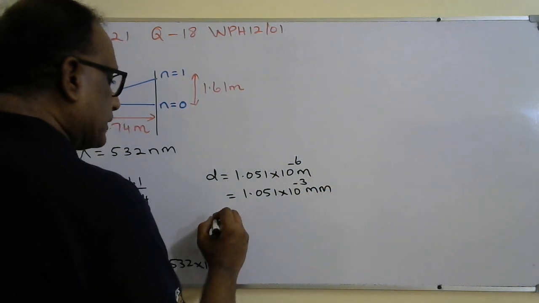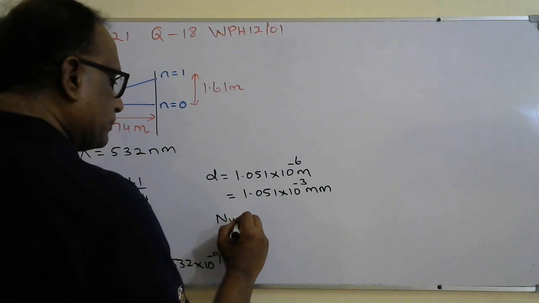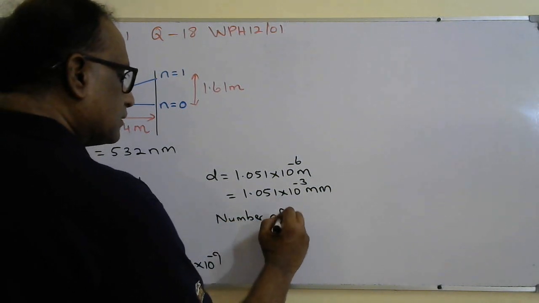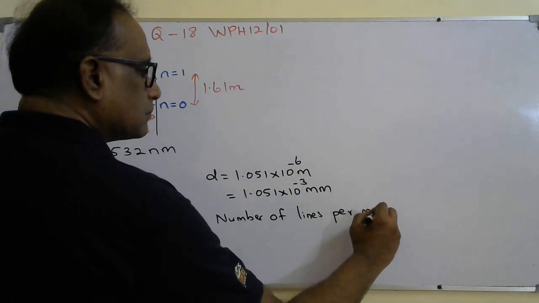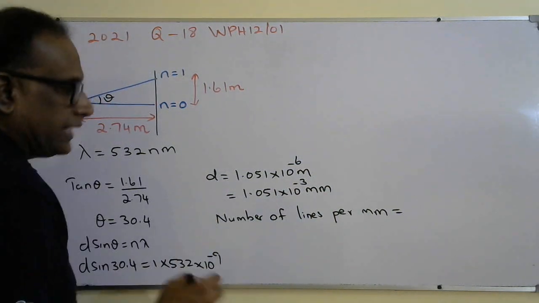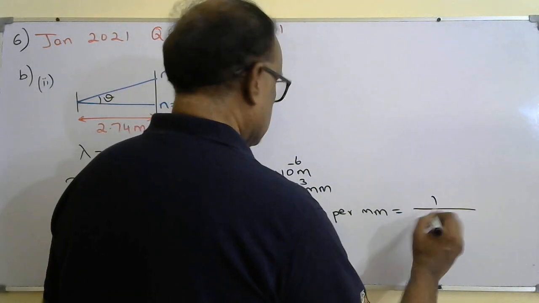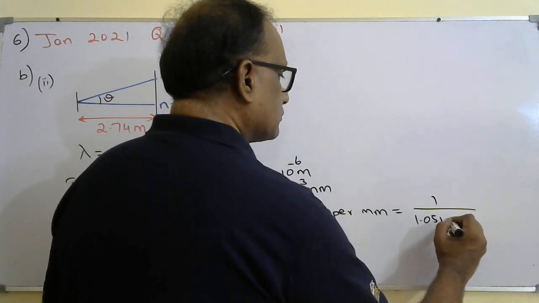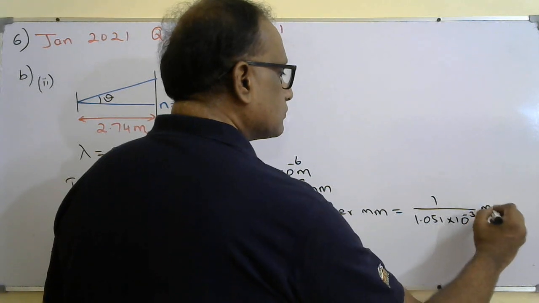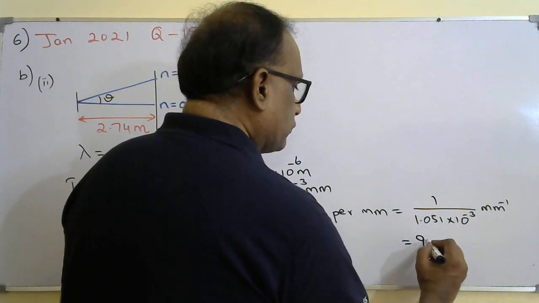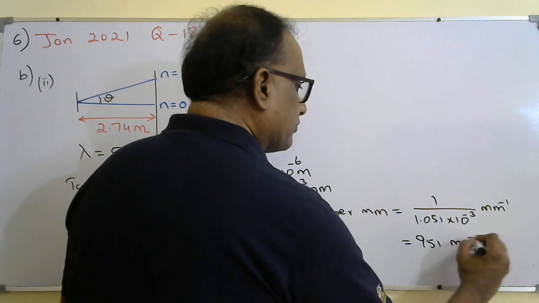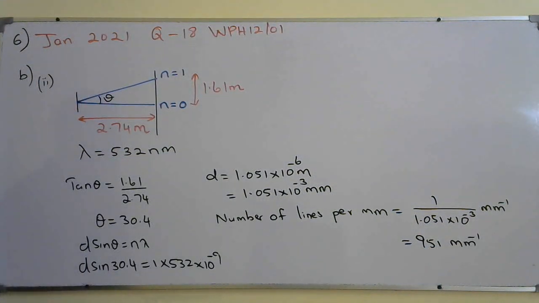So the number of lines per millimeter equals 1 over d. You will get 951 per millimeter. That's the B part, second part, question number 18, January 2021.